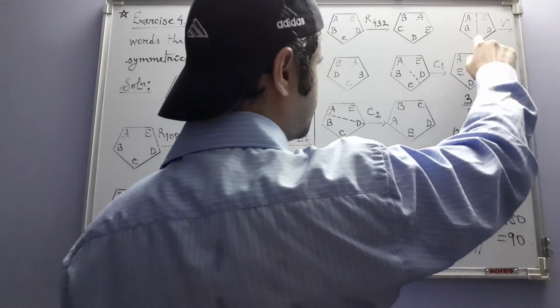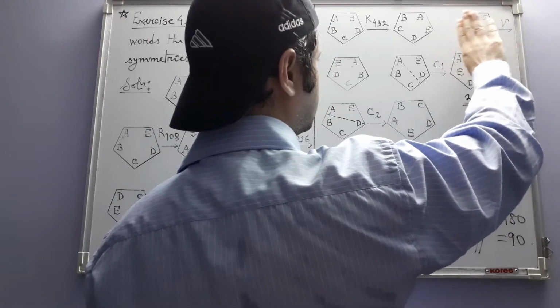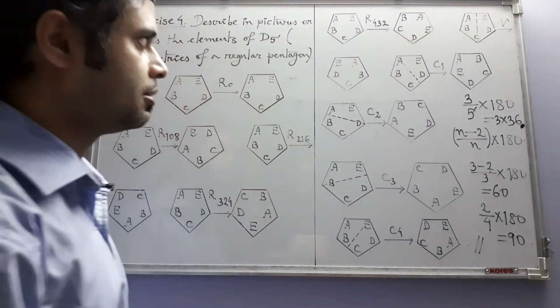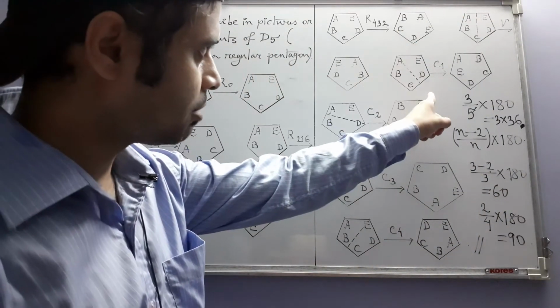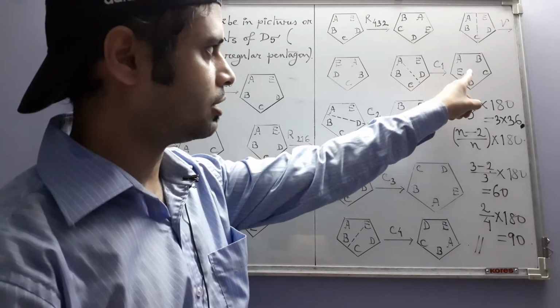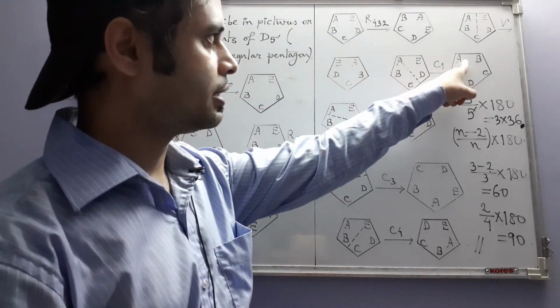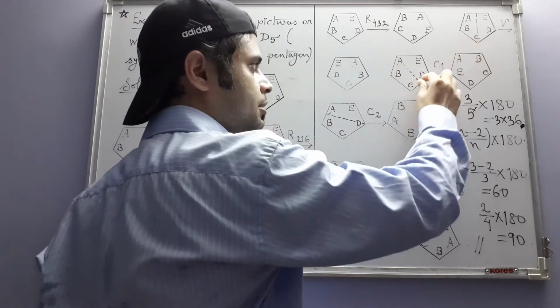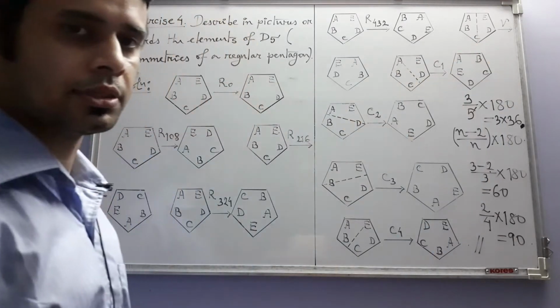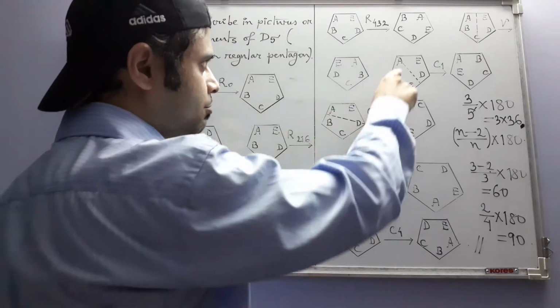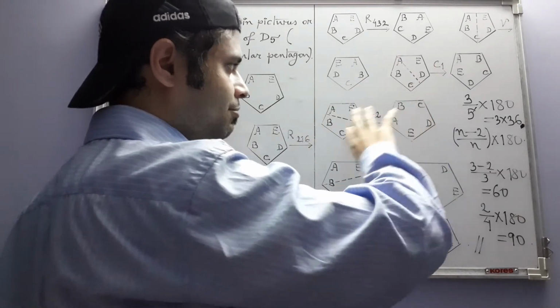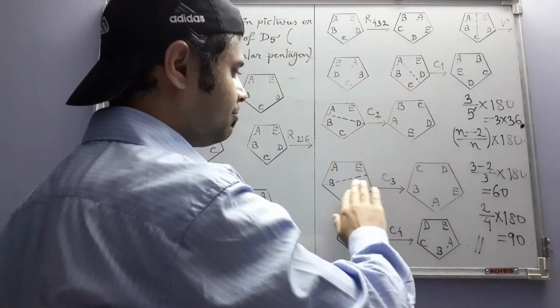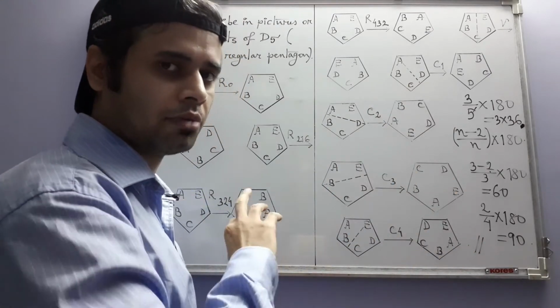With respect to this one, you have achieved this arrangement. With respect to this one, you will achieve another one where A will stay the same, B and E will interchange their positions, C and D will interchange their positions.